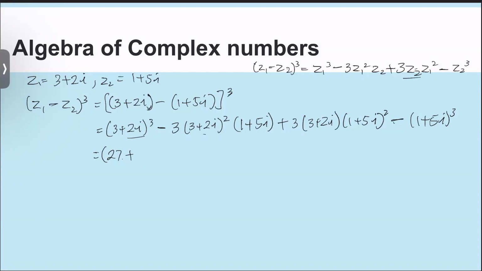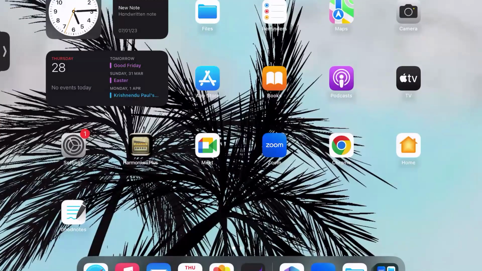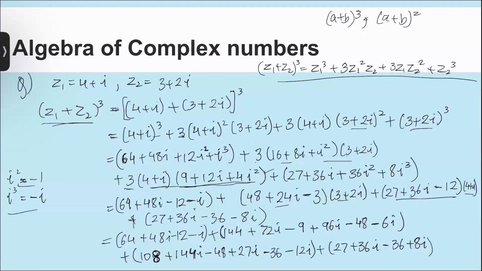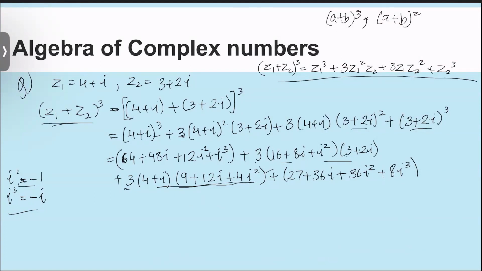I think I'll have to make some changes in the previous slide because I think I have made some substitution errors for the cube formulas over here. So I'll just cross check and do it again. Probably in this one.